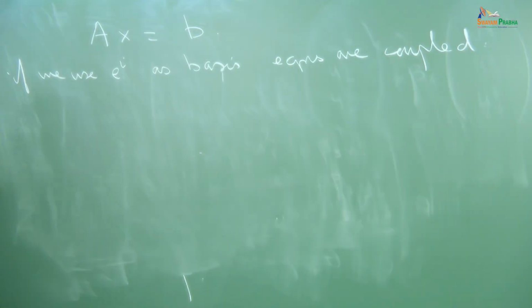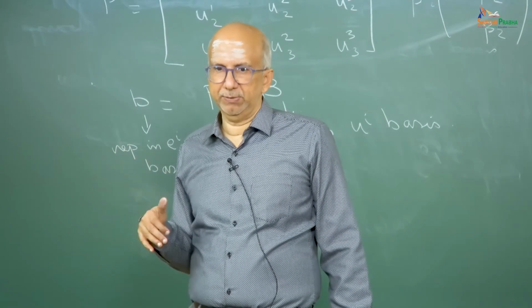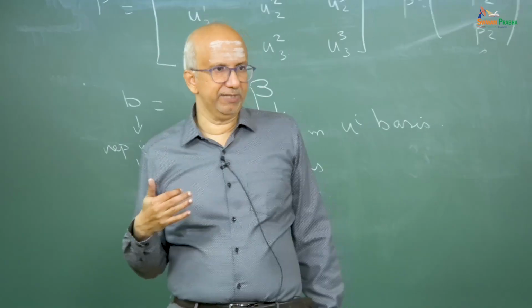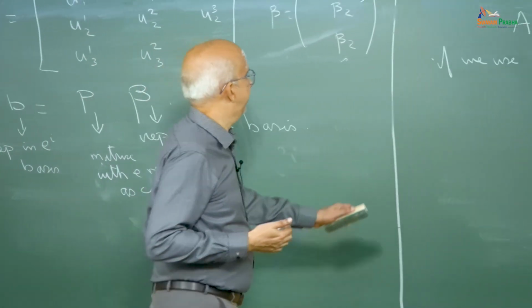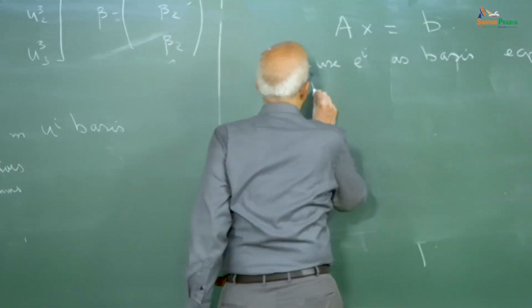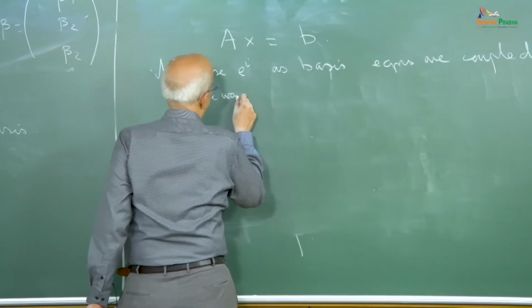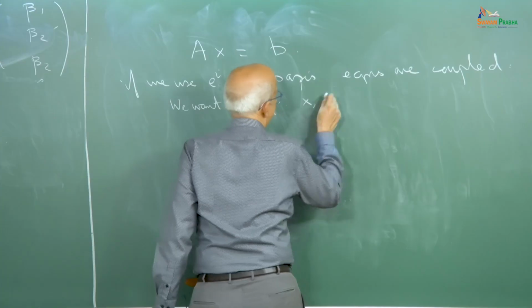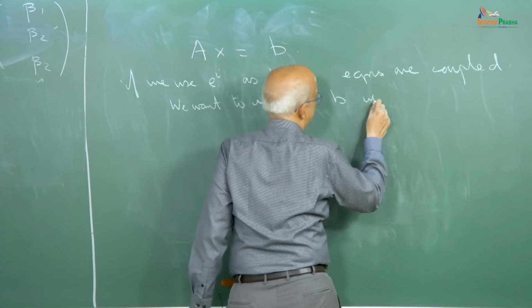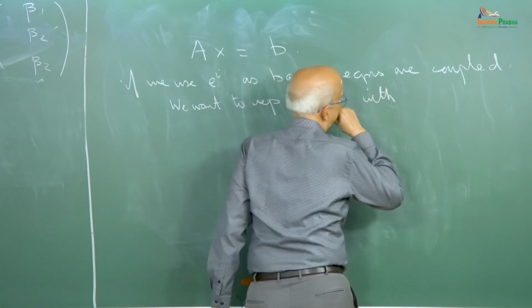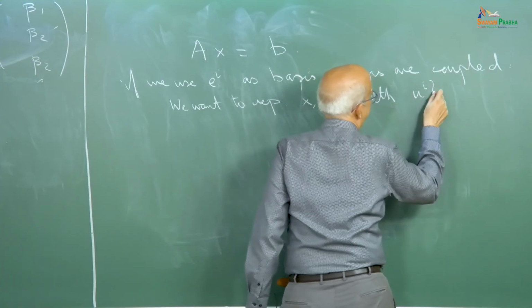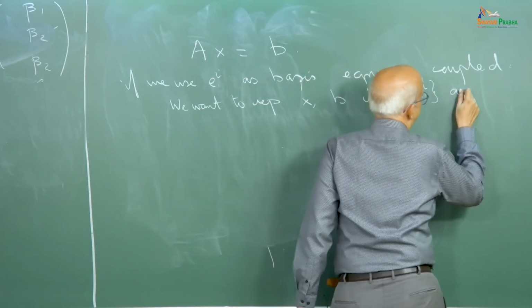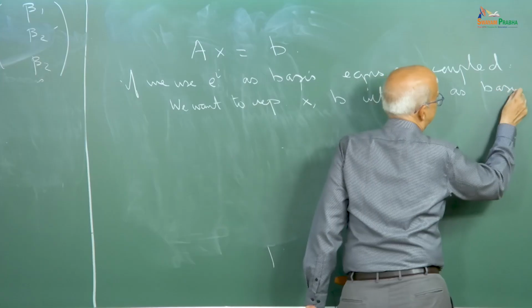But now I don't want to use EI as a basis, I want to use UI as my basis. I want to represent both X and B with UI as the basis.